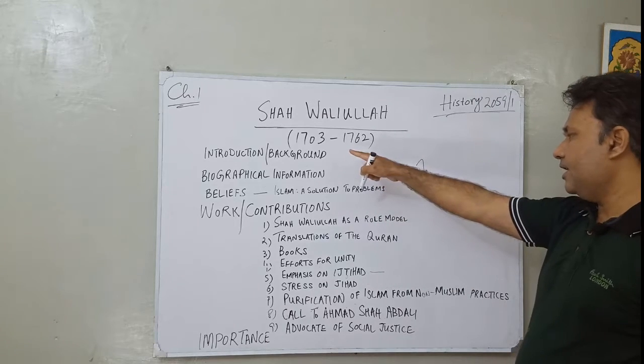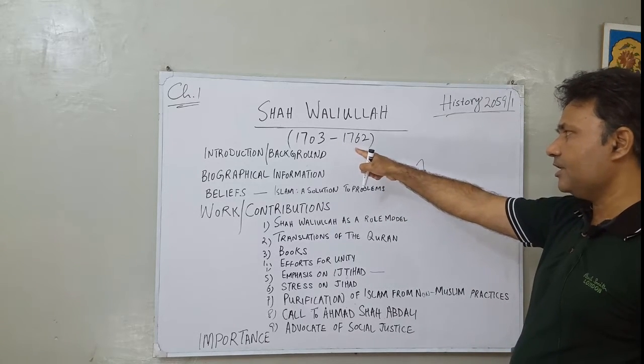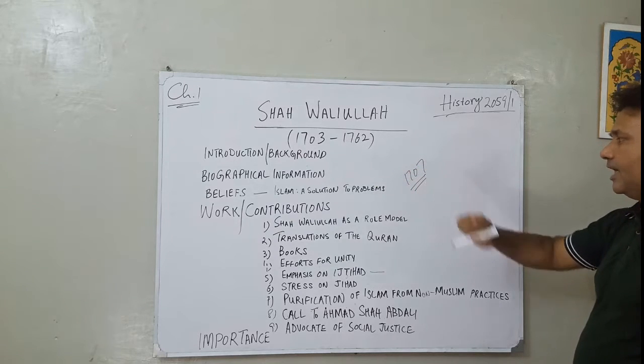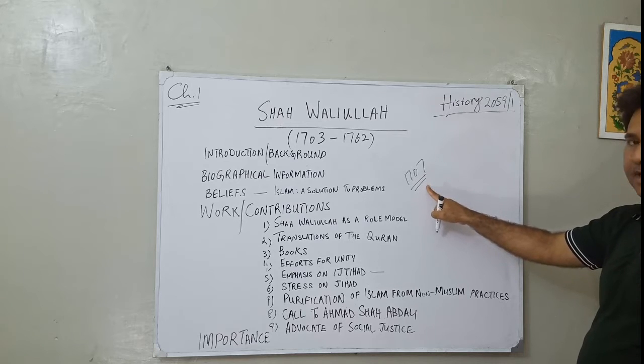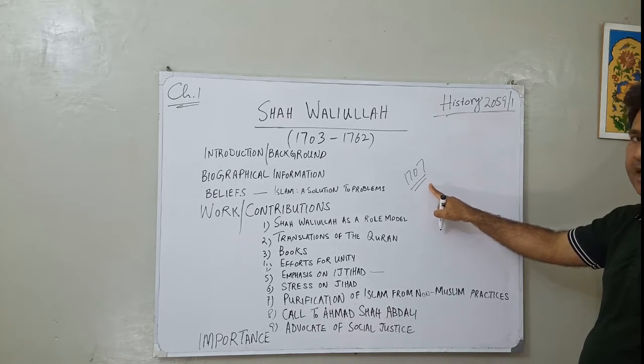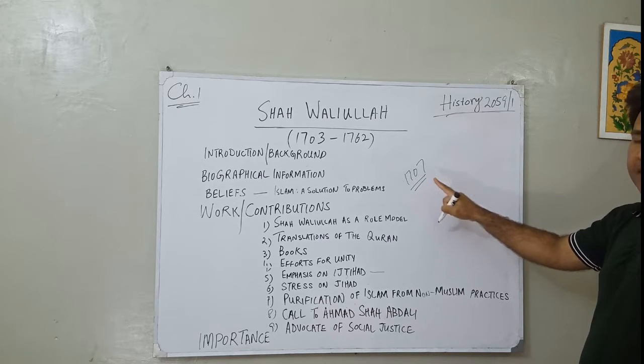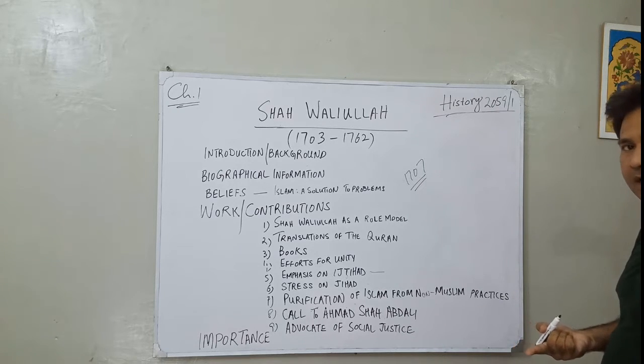I mean, the early 18th century is the time when the Mughal Empire started declining. And with the death of Aurangzeb Alamgir, the Mughal Emperor, what happened? His sons started making wars against each other. Why? Because they started competing for the position of the Mughal Emperor.